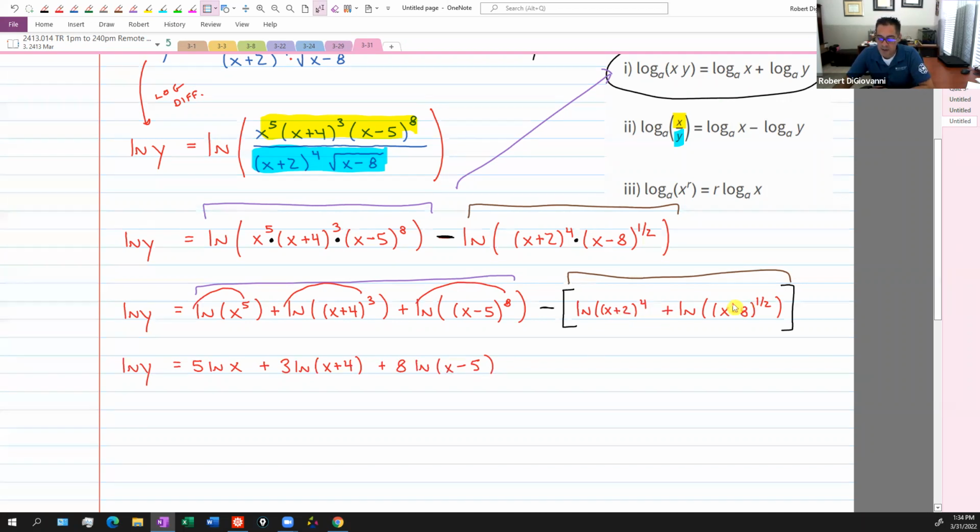Now over here, the same thing's going to happen, right? 4 is going to drop out, half's going to drop out, and I'm going to distribute the minus now. So it's going to become minus 4 natural log of x plus 2, and then minus a half of natural log of x minus 8. Starting to look better.